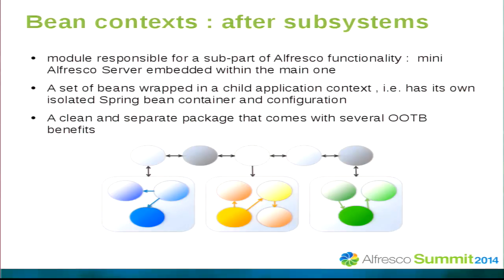And as you can see in the picture, basically now we have much more separated and cleanly packaged subsystems, meaning like you have one for all the authentication, one for the auditing, one for the transformations, one for synchronization, etc., etc.